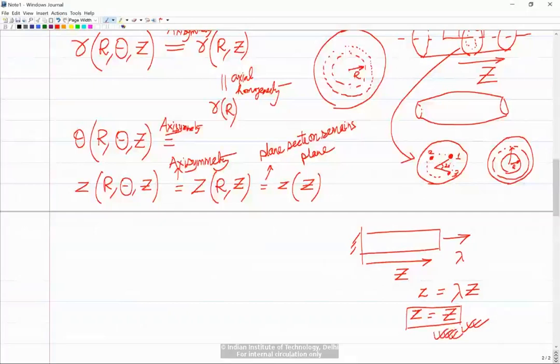So small z can be a function of big Z. But what we will say is that the strain remains independent of big Z. Or maybe we say that the derivative is independent of big Z. So at different cross sections, we see the same rate of change of small z with respect to big Z. And that we'll call axial homogeneity.